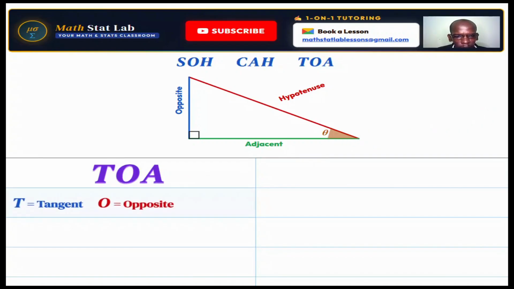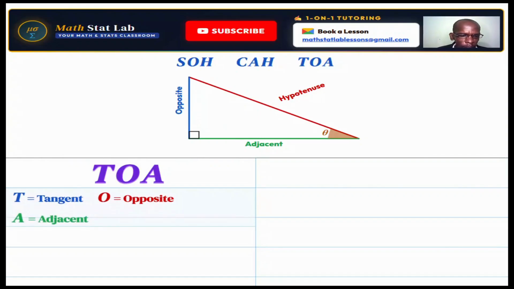Just to remind you, TOA stands for tangent: T stands for tangent, O stands for opposite, which is this line here, and A stands for adjacent, which is this line here. If we use the logic of tangent to find this angle, then tan theta, the tan of this angle, is given by opposite divided by adjacent.